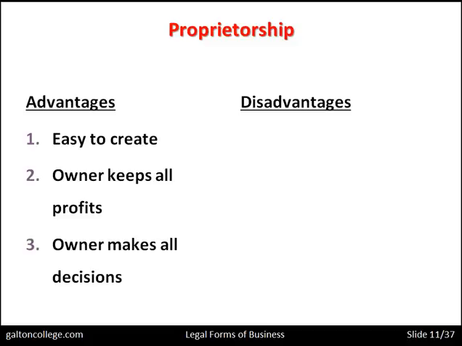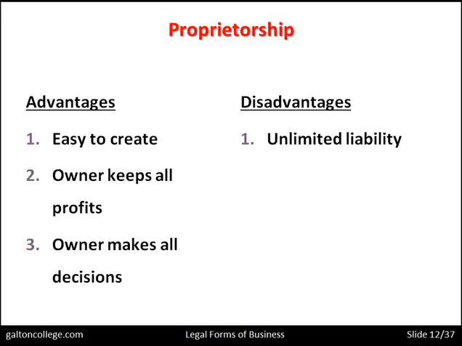Now, the disadvantages of the proprietorship, well, it's an unlimited liability. So if for any reason the business is sued for perhaps faulty goods or goods which injure someone subsequently, or whatever, for whatever reason, they're, let's say, taken to court and damages are claimed off them, that's unlimited liability.